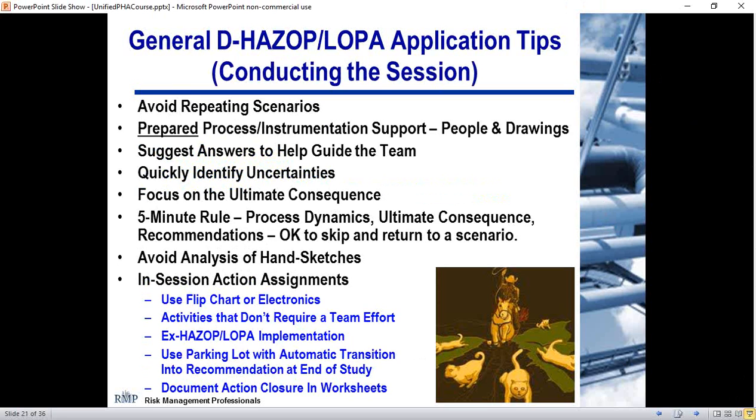Process and instrumentation support. That's not just a drawing. It's not just the instrumentation engineer coming to the session with a blank sheet of paper. They need to be prepared. Modern designs incorporate significant digital control systems, safety instrumented systems, how the process computers are set up, independence of the logic units.